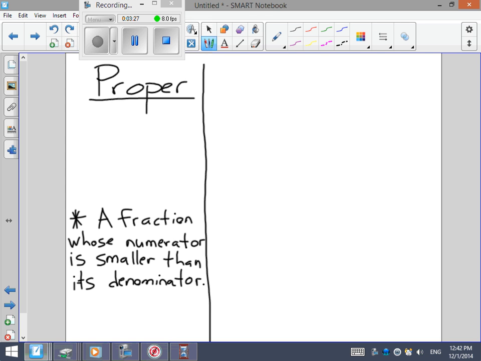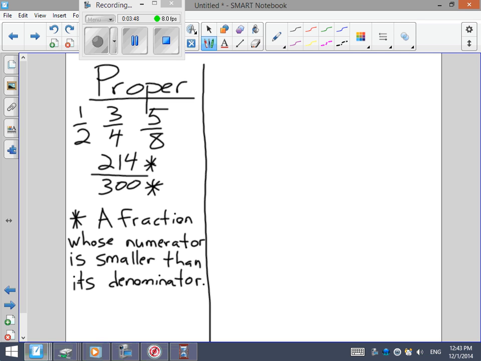For examples, you could have a half, 3/4, 5/8, or even 214 over 300. It's still a proper fraction. Doesn't matter how big or small you go, as long as the numerator is smaller than the denominator.